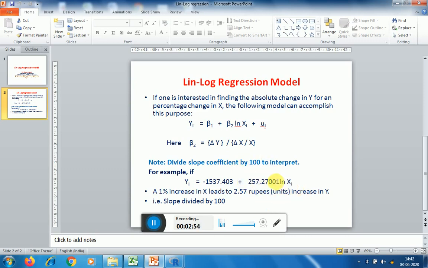Assuming that this particular variable is significant, we can say that a 1% increase in x will lead to a 2.57 units or rupees increase in y value, because the sign is plus. If this sign is minus, then we will say decrease, an inverse relationship. So here we have divided the slope coefficient by 100.